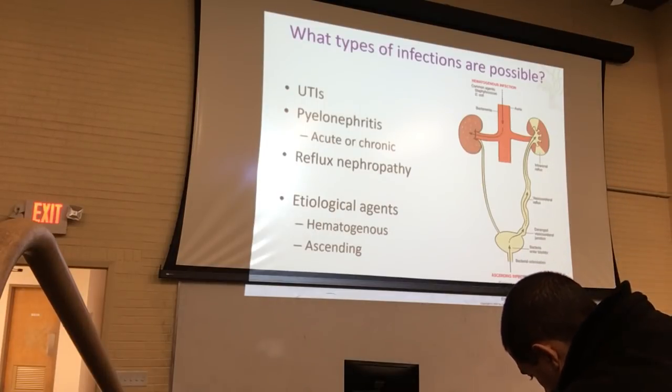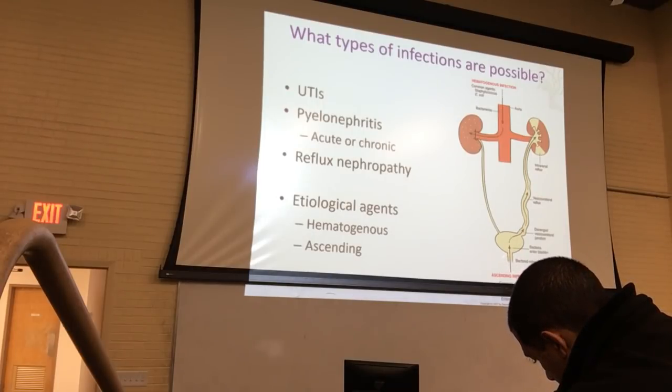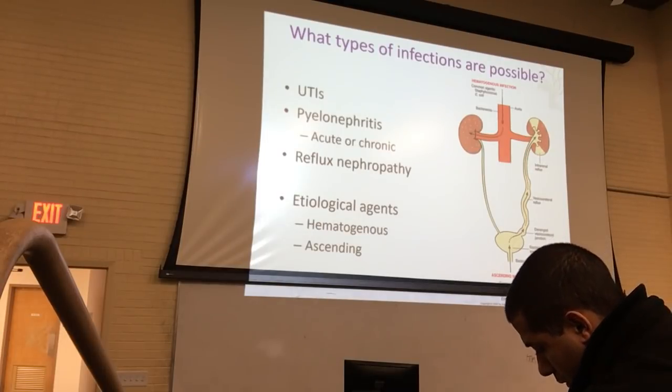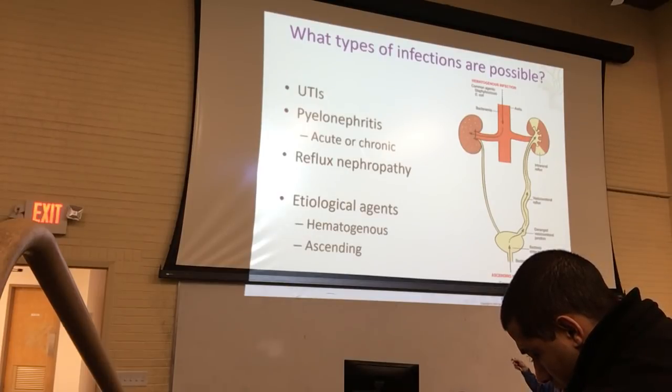The ascending infections come retrograde. So they come up from the urethra into the bladder, up through the ureters, and then target the kidney specifically. And so these are urinary tract infections. It's pyelonephritis if it actually makes it all the way up to the kidney.